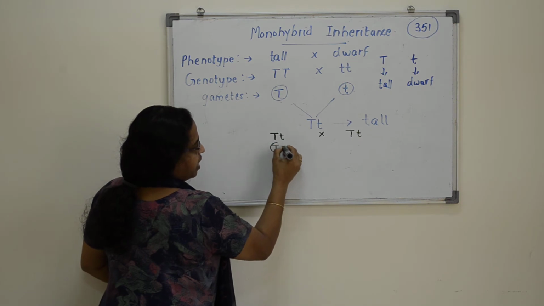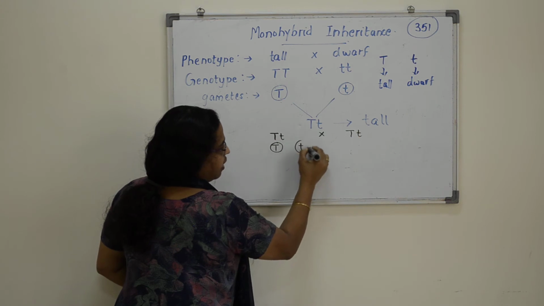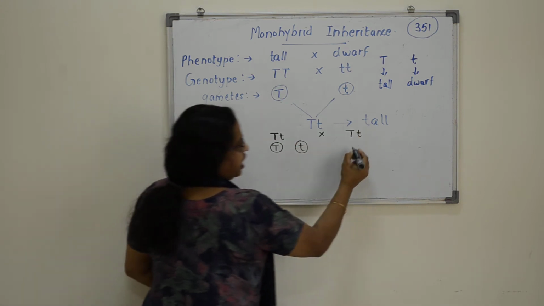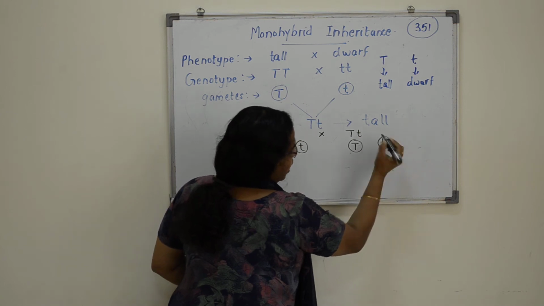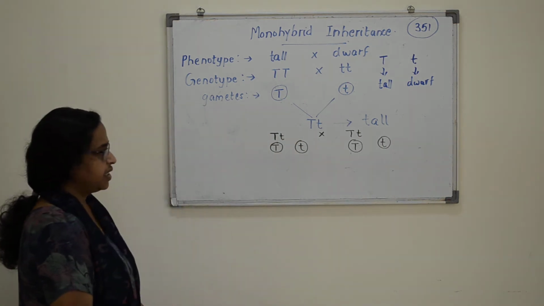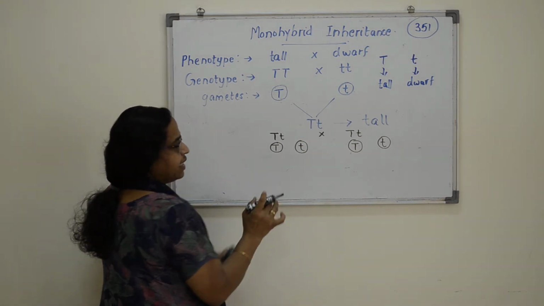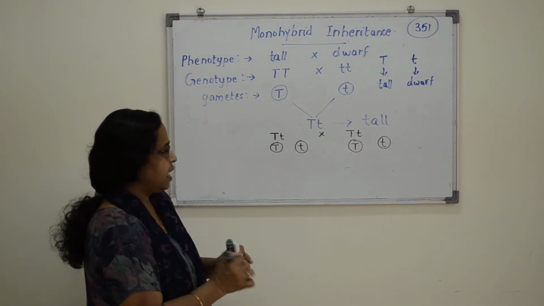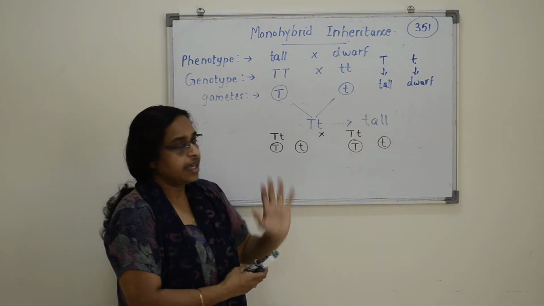Half of the gametes will have capital T and half will have small t. Here also, half will have capital T, half will have small t. Now we will do the crossing. At the time of fertilization, any gamete can join with any other gamete.